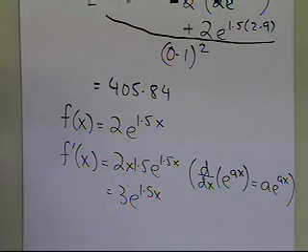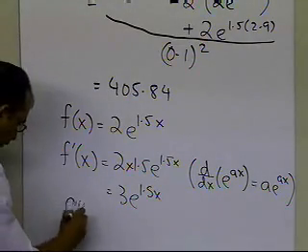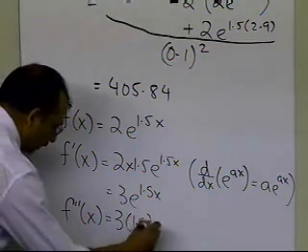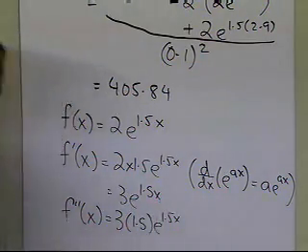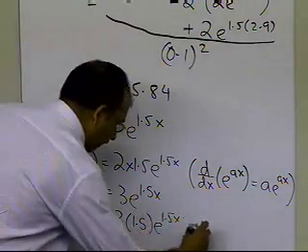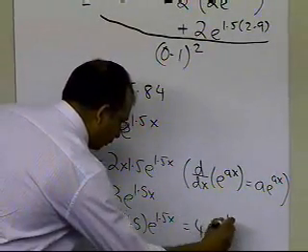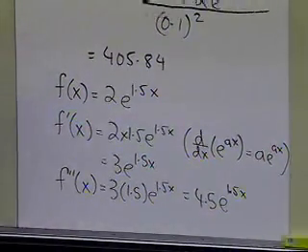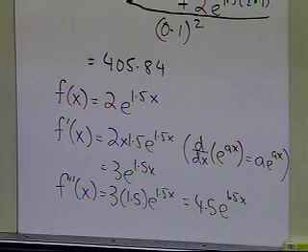But I want to find out the second derivative. The second derivative, f double prime of x, will be 3 times 1.5 e to the power 1.5x, using the same formula from your differential calculus class. So I get 4.5 e to the power 1.5x. That's what I get as the second derivative of the function at any point x.